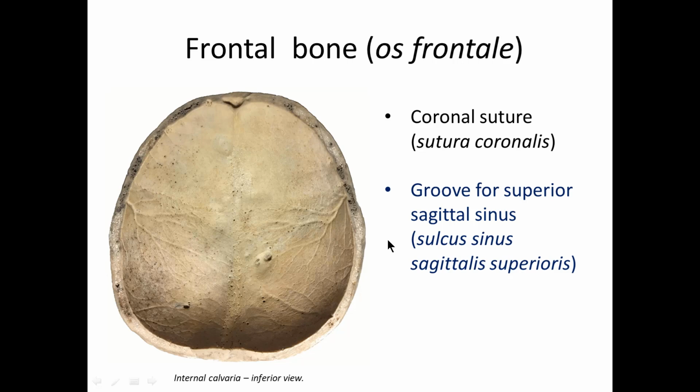The second meaning is related to the arrangement of the cranial venous sinuses, and these are simply large veins into which blood drains from the brain, and the superior sagittal sinus is one of them. In this photo, we can also see that this groove continues into the frontal crest here.